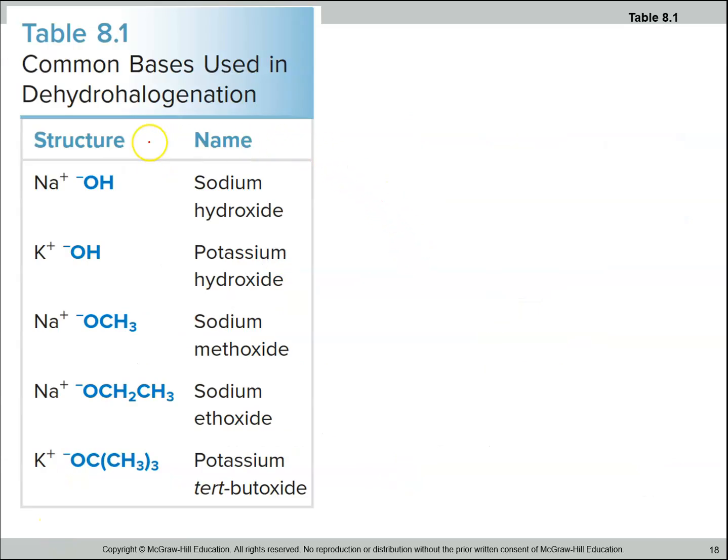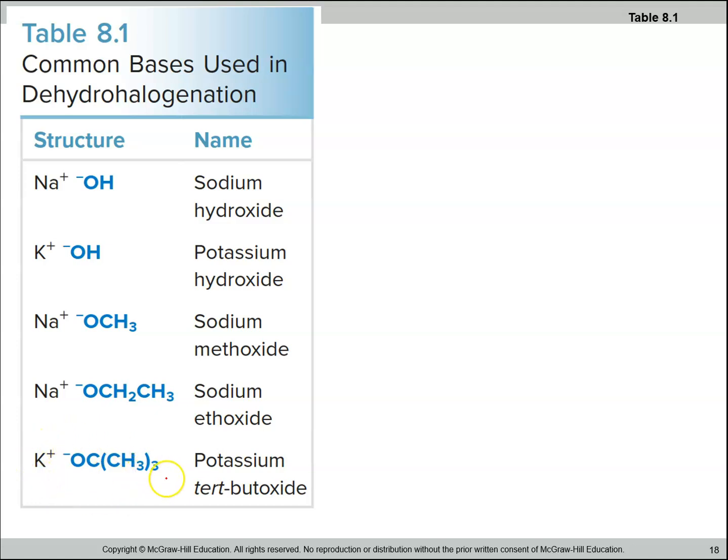In this chapter, these are the types of bases that you'll commonly see, and you'll notice that sodium and potassium are the metals typically used in these types of bases, and then we either have hydroxide or different organic compounds that might be involved. And these are all pretty strong bases, and these are smaller bases, but then we can start to make bigger and bigger bases.